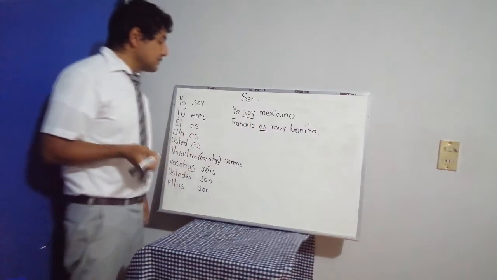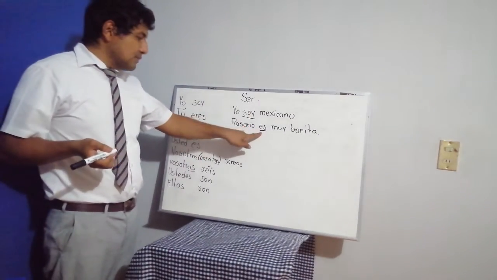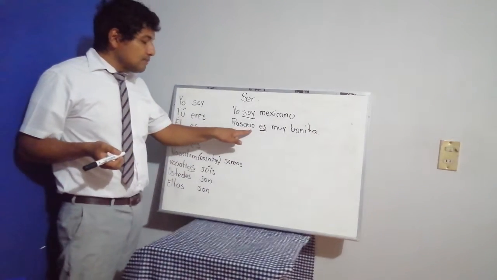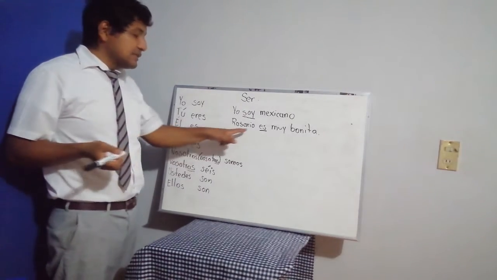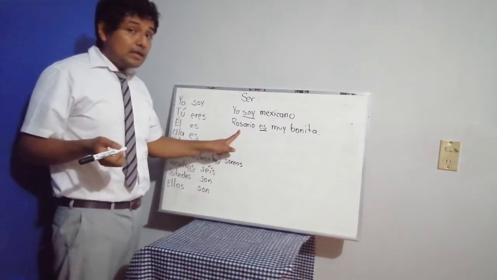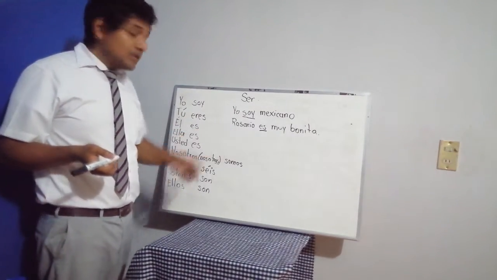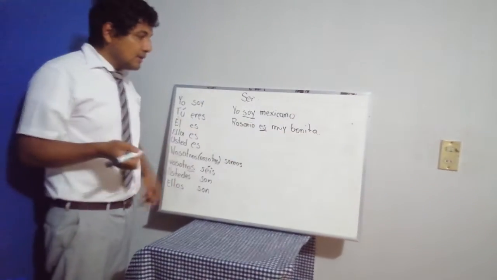Now we are going to change to the third person. So Rosario, what subject pronoun is replaced? Check. It's feminine. It's a feminine name. Here in Mexico, the name Rosario is very common. Rosario es muy bonita.